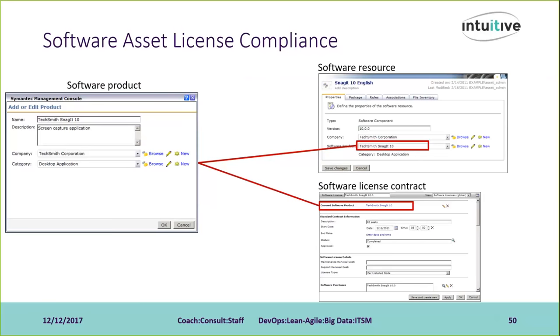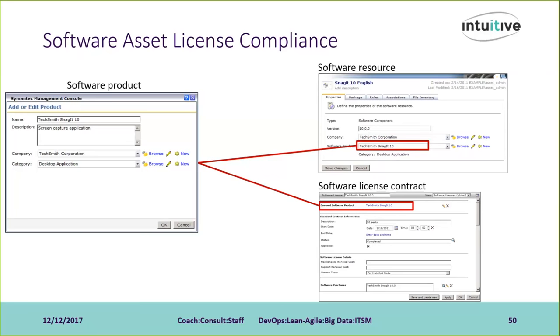And we use the software product as the pivotal point of that in the asset management suite. So it enables you to link or associate a software resource which houses all the details about a managed application, such as release, upgrade, conflicts, and supersession details, as well as rules for detecting installed software with a software license, thereby providing an effective method for managing software licensing compliance.